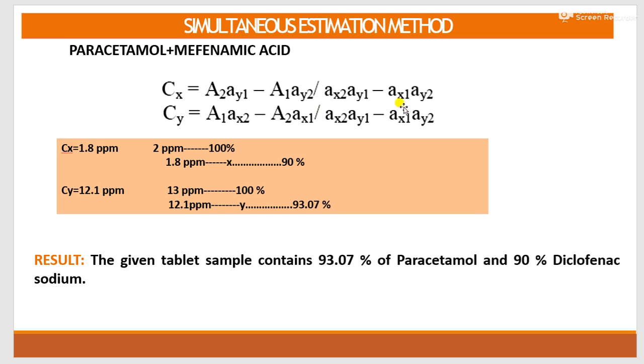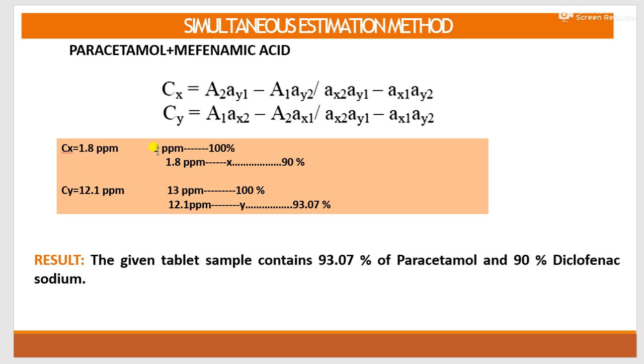Very important, the value you get will be in gram per 100 ml, because for calculation of absorptivity we used the unit gram per 100 ml. So the concentration which you get after solving the equation, you should convert into ppm. Suppose Cx is 1.8 ppm and Cy is 12.1 ppm.